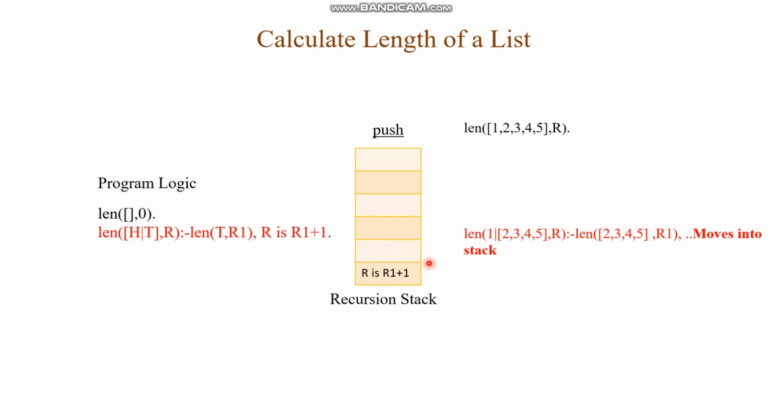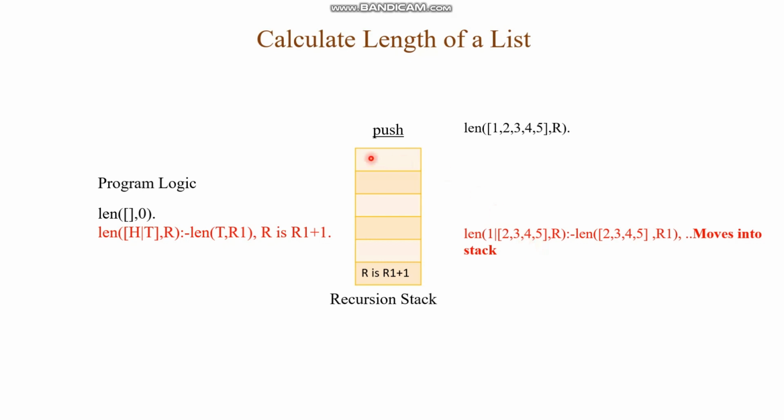In the second part, it checks whether the program can be carried forward as per the logic or not. So here it receives the original input and splits it into two parts, one as a head and the rest of the list which is called the tail.